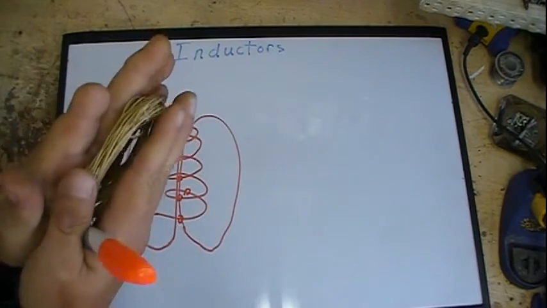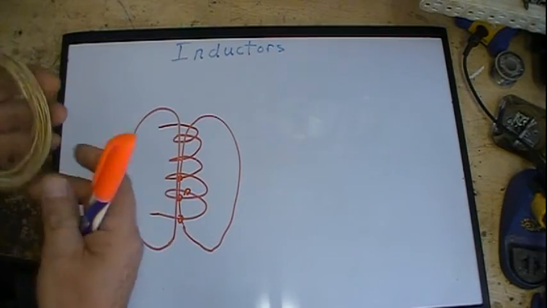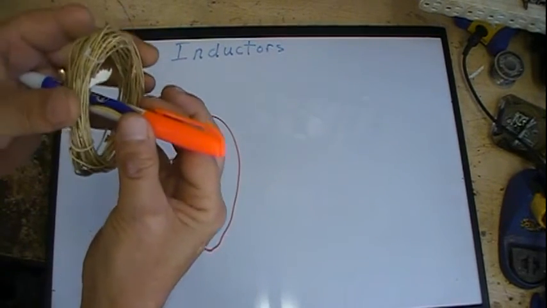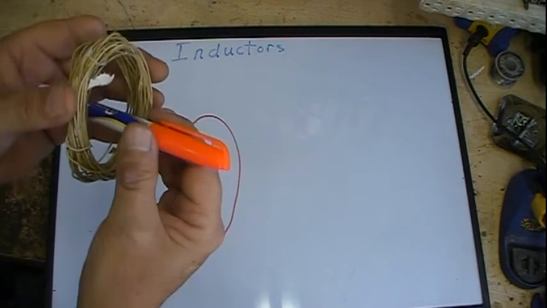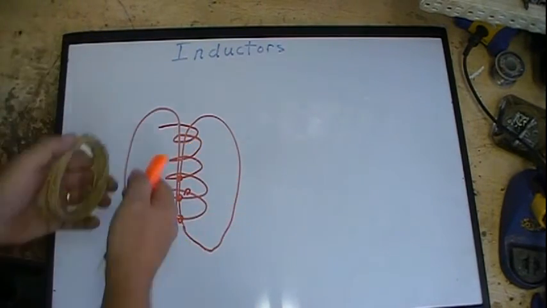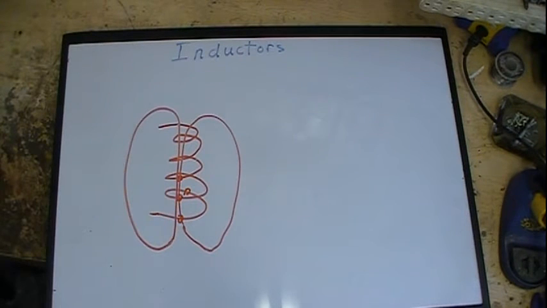And the length of the coil. How long is it? And then of course that's for air, but if I put a core in, a ferrite core, something made of iron, that will also affect it, because what the core does is concentrate the magnetic field.